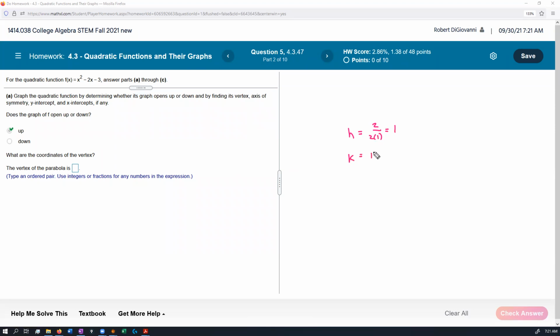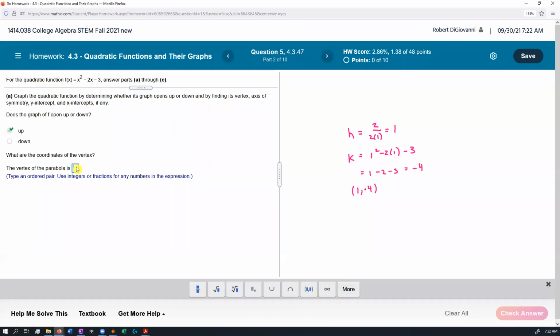Plug 1 into the function. This should give us 1 minus 2 minus 3, which is -4. And so we get a vertex of 1, -4. I write it as an ordered pair, 1, -4.